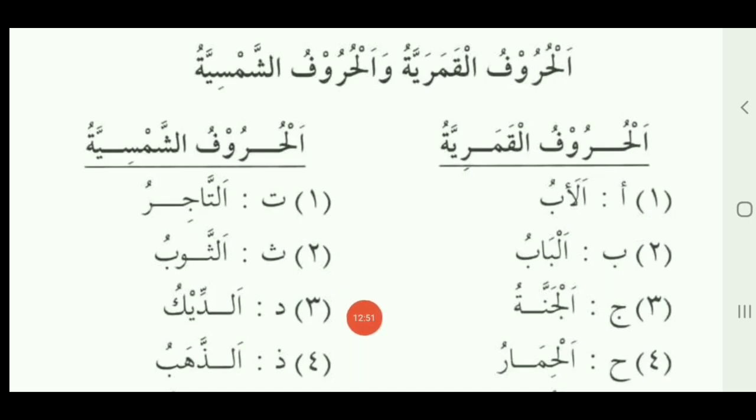Ad-diku, dal is also among the shamsiyya letters. When we say ad-diku, you can note that we never pronounce the lam, but we give a sign that there is a lam before the dal. So definitely dal is also among them, ad-diku, meaning the cock.